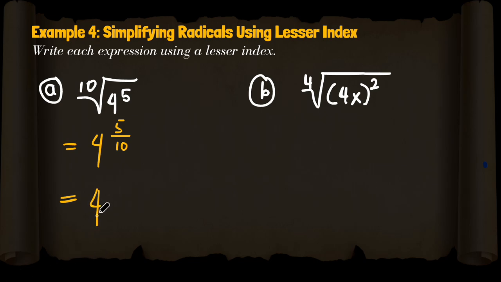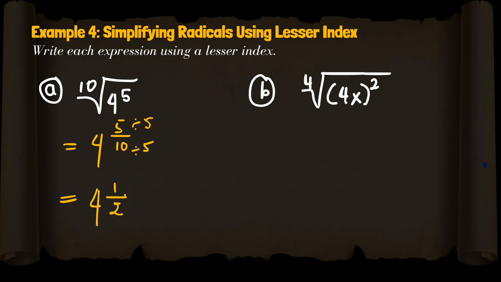And then, we copy the base once again. Then, get the lowest term of 5 over 10. Pwede siyang i-divide kay 5. 5 divided by 5, that is 1. 10 divided by 5, that is 2. Ayan na.